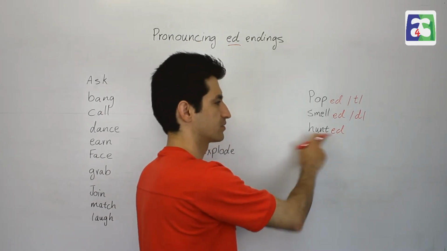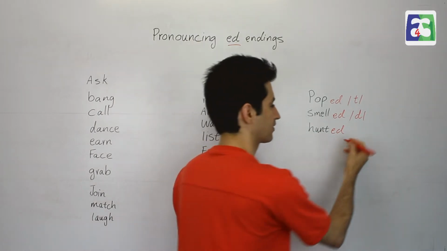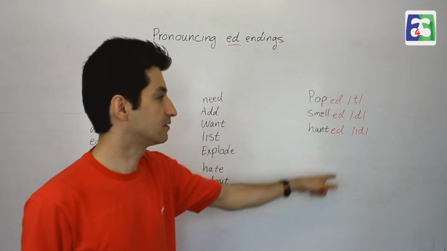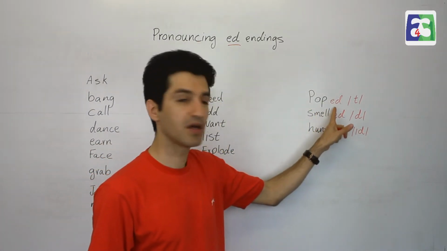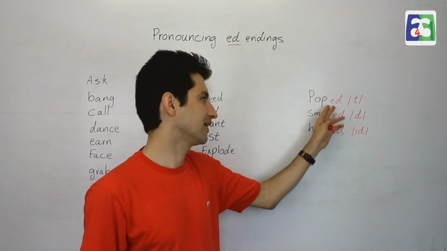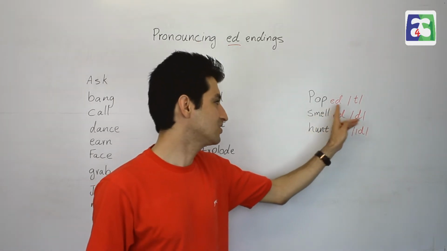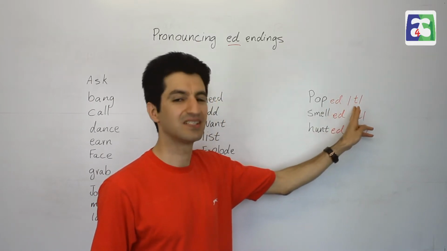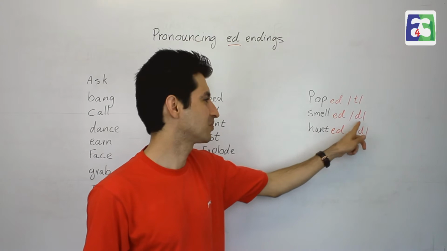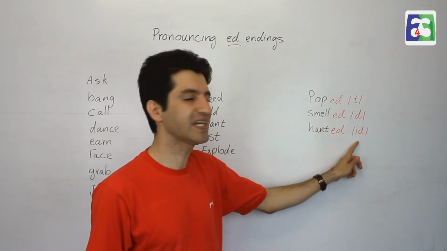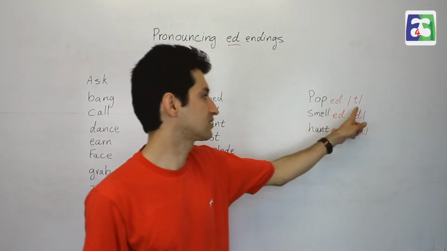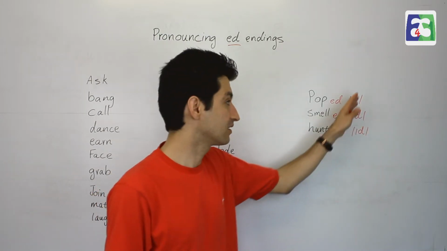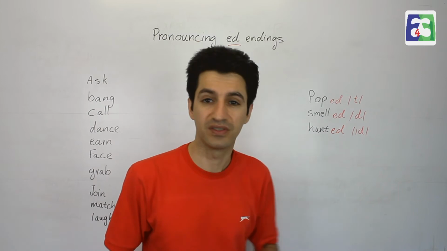This is pronounced id, okay? So you can see that the same letters, E and D, are pronounced t over here, d over here, and id over here. So popped, smelled, hunted. They are pronounced in different ways.